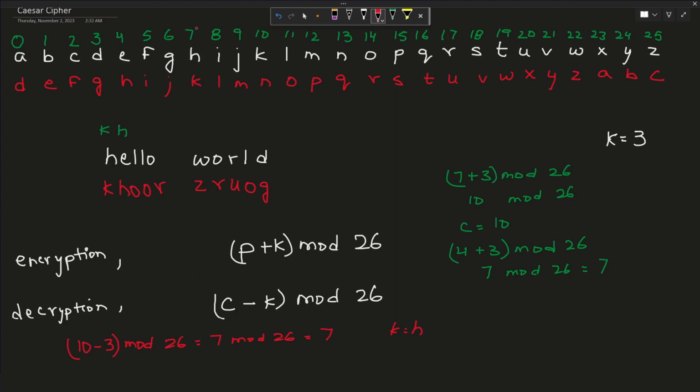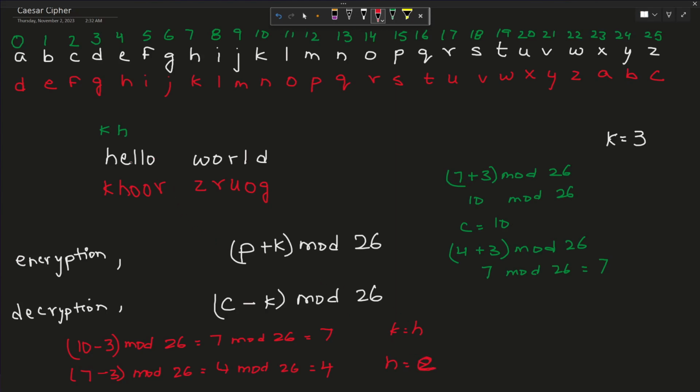Now we know H is at the seventh place, so we're going to take 7 minus 3 mod 26, which is equal to 4, 4 mod 26, which is equal to 4. Now we're going to look at the character at the fourth place. At the fourth place, the character is E, as we can see in this table, which basically means H is equal to E. Sorry, E.